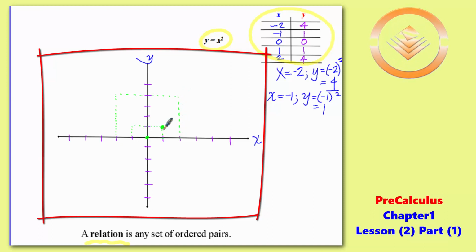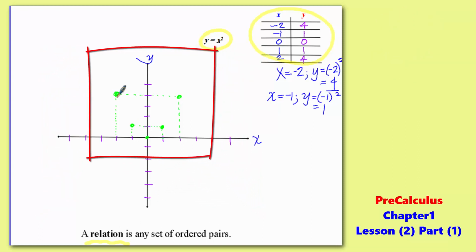So let us define the points here and here. And the next thing that we do is to connect all of the points. So that would give us this graph.